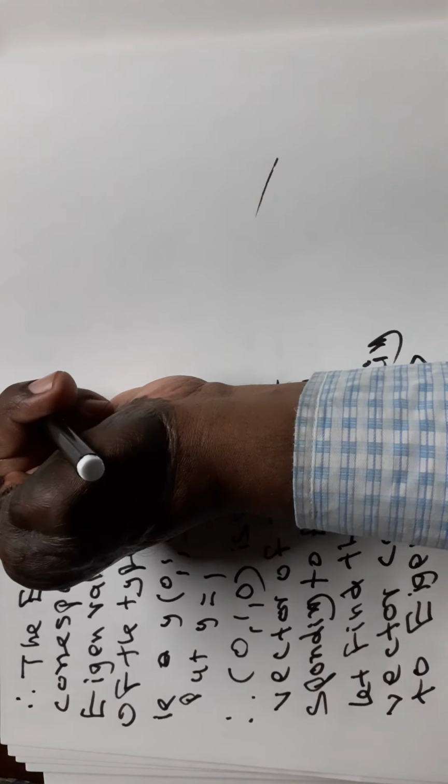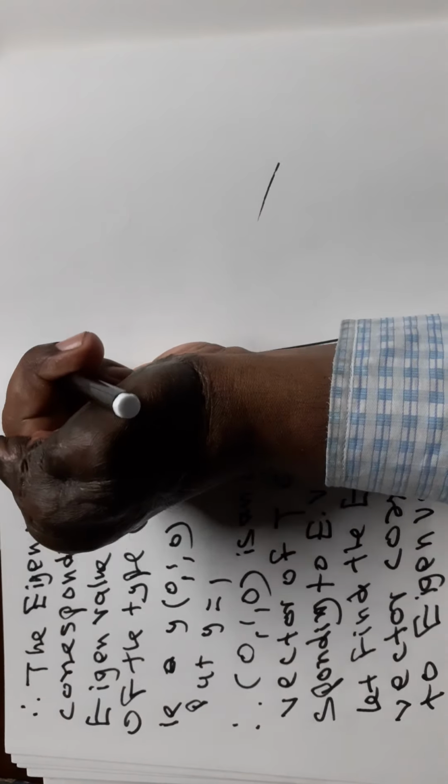Let T of (x, y, z) is equal to 0 times (x, y, z).